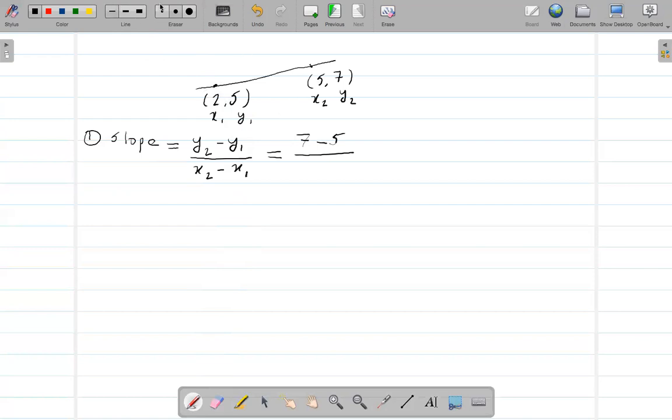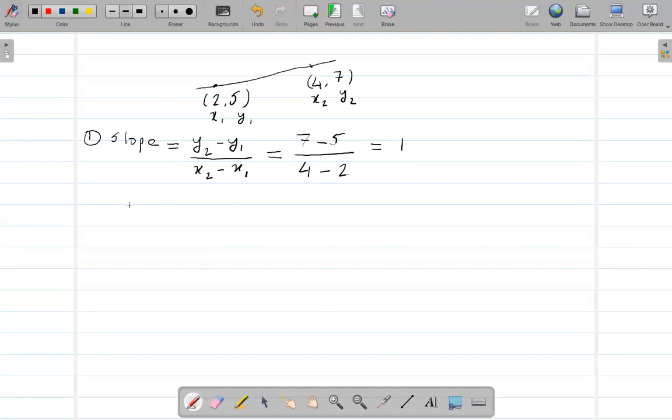So we don't, let's say this is 4. All right, so now we don't have to deal with the fraction. 7 minus 5 and x2 minus x1 is 4 minus 2. So we get 1, right? On the numerator you get 2, and the denominator we get 2, so 2 over 2 is 1.